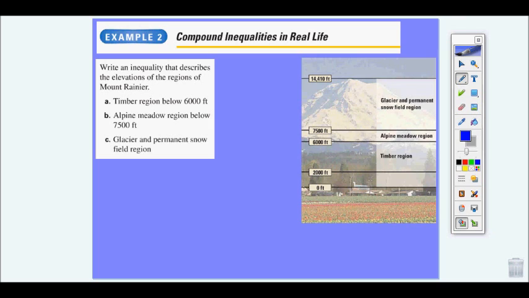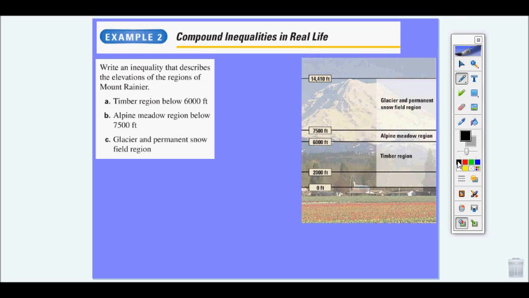So how do we write these compound inequalities if we're talking about a real life situation? So we're going to look at Mount Rainier. And the first thing they're going to ask us is to write an inequality that describes the elevation of the regions of Mount Rainier. So first of all, if I'm going to talk about the timber region, the timber region starts out at 2,000 feet and goes to 6,000 feet.